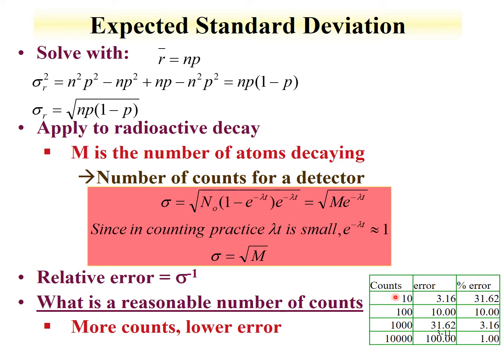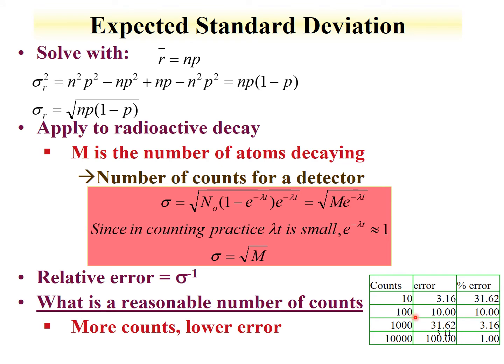And here's an example of the number of counts and the error, and then the percent error. So our standard deviation and the relative error from that. So imagine if you had something that had 10 counts per minute and you counted it for a minute, your relative error would be 31%. That's not very good.